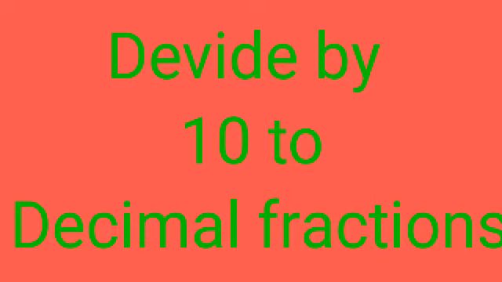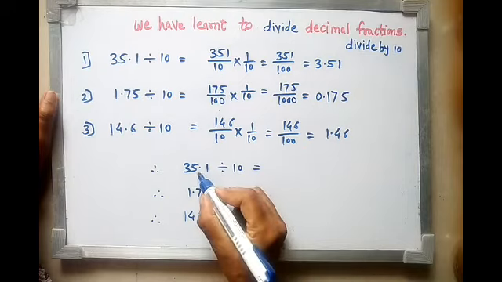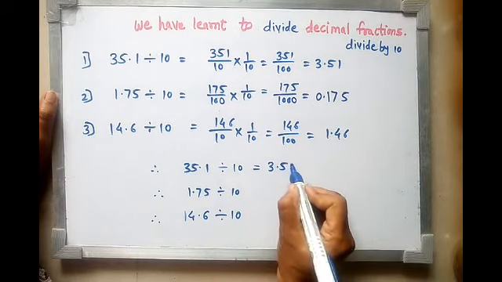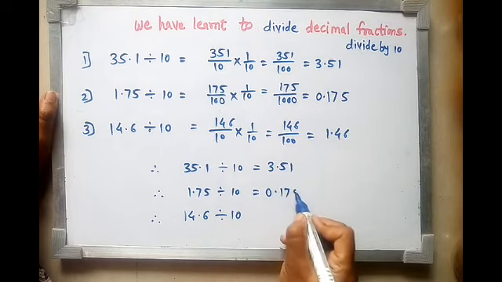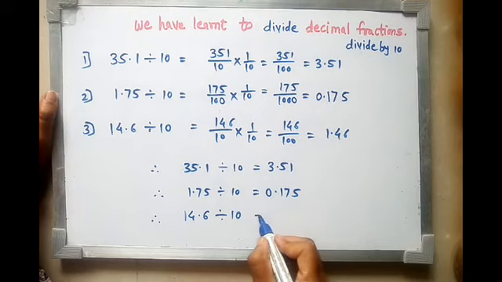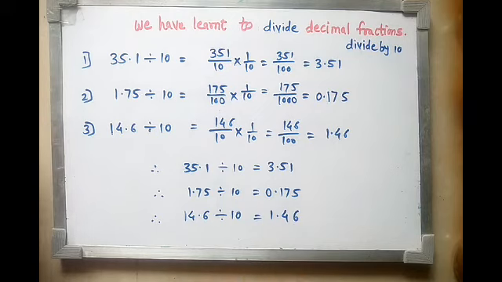First, we learn to divide decimal fractions by 10. In all these examples, the decimal point moves one place to the left side. See all these examples. The last example is 14.0 divided by 10.